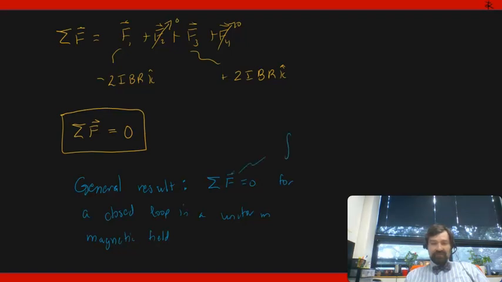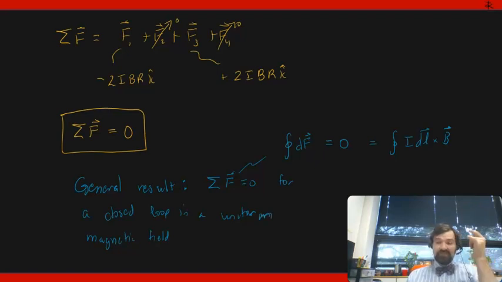This could also be written, of course, as the closed loop integral of dF is 0, or the closed loop integral of I dL cross B. Any one of these things is saying the same thing, that for a closed loop within a magnetic field with a uniform field, meaning same magnitude everywhere, same direction everywhere, the total force on that closed current carrying loop will be 0.